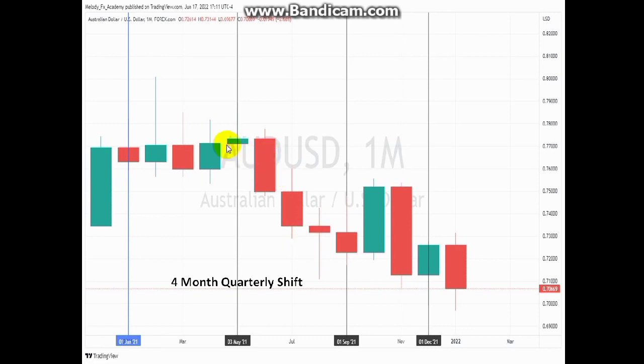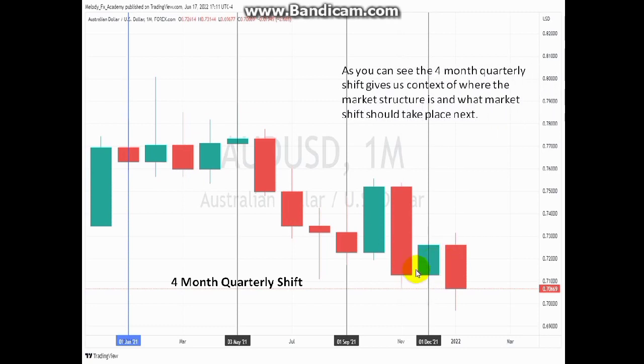So May, June, July, August, September, October, November, December, some kind of change, some kind of shift. So we had an expansion to the downside, a little bit of retracement, and another expansion. Then we went into consolidation into the close of the year.